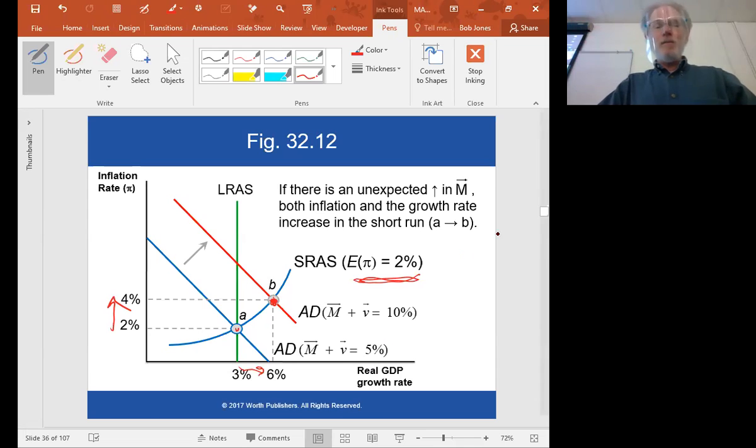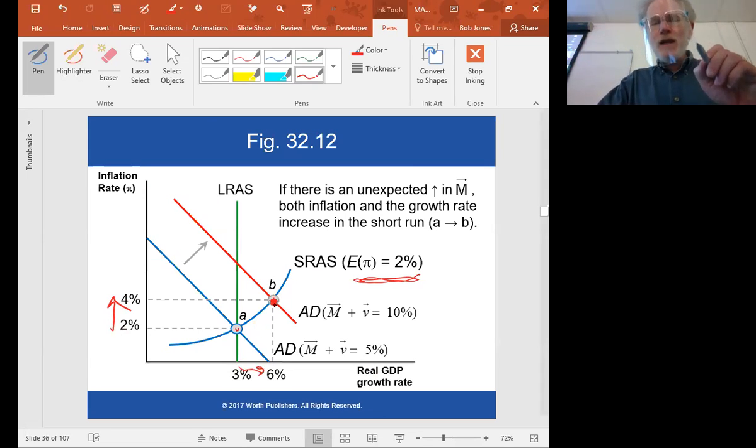Now, when we talked about the long-run average supply curve, we made a big point of saying that in the long run, an increase in inflation will not affect how much output will be produced.